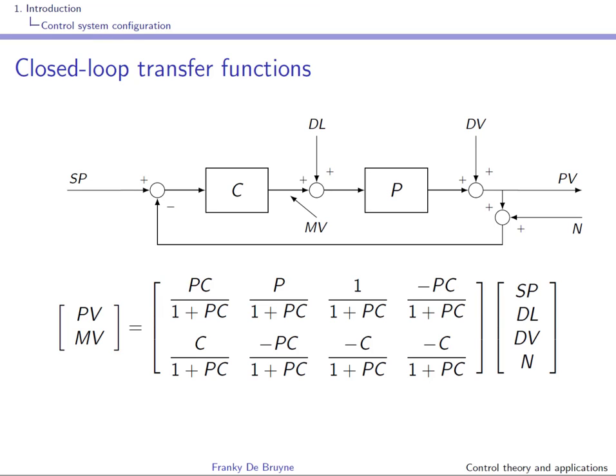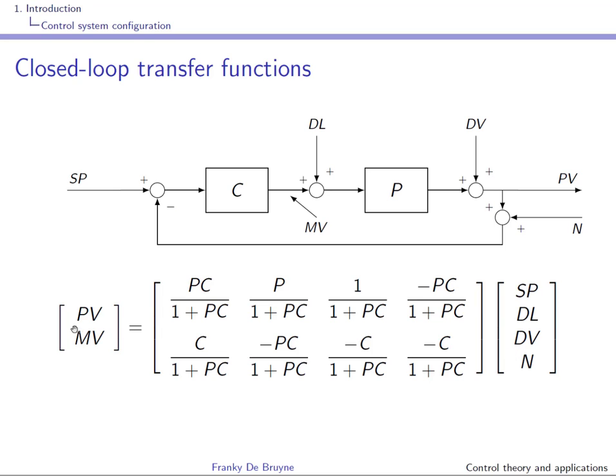So now we can look at the relation between these four inputs and these two outputs, and this is what you obtain. The first thing that you have to understand is how to read this equation. The process value is this transfer function acting on the set point plus this transfer function acting on the load disturbance plus this transfer function acting on the output disturbance and this transfer function acting on the measurement noise.